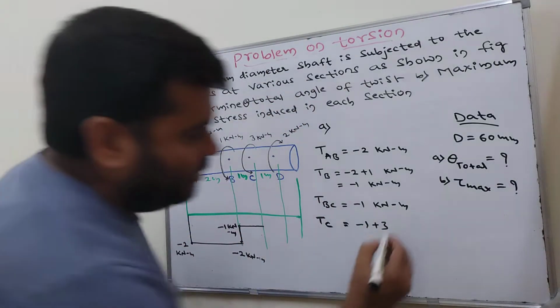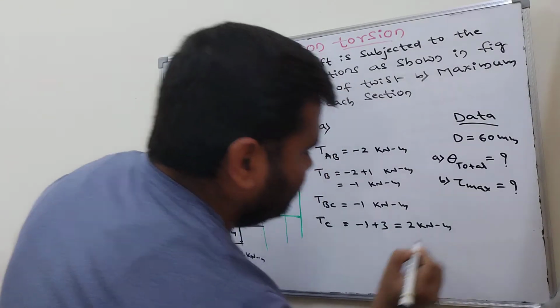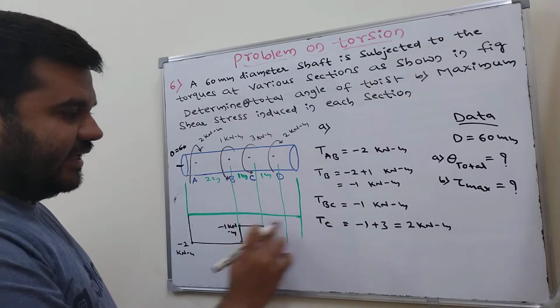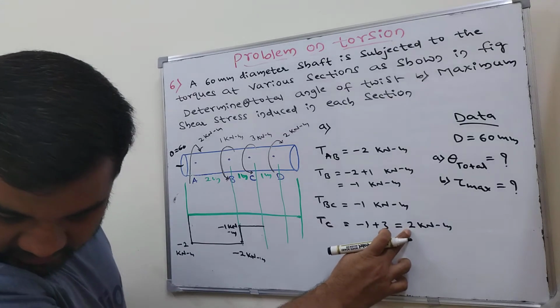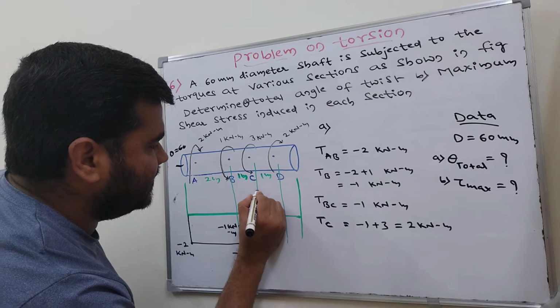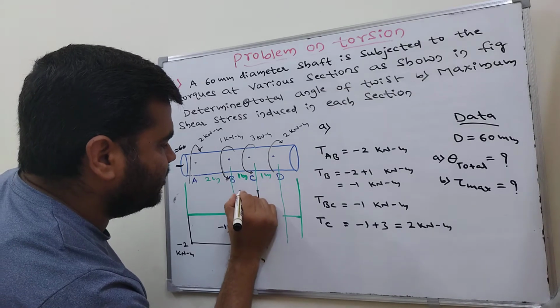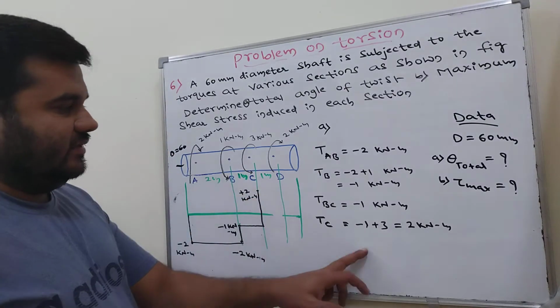So that will be equal to 2 kilonewton meter at C. BC it is same. At C it changes. It will be 2. So it comes to plus 2. Here 1, here 2. This is plus 2 kilonewton meter at C.